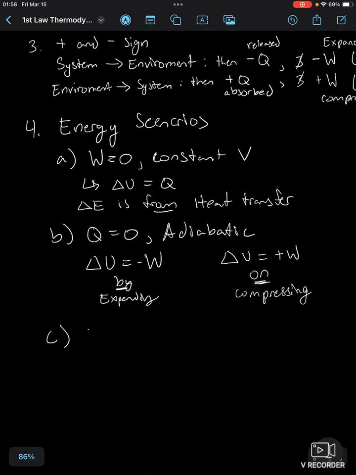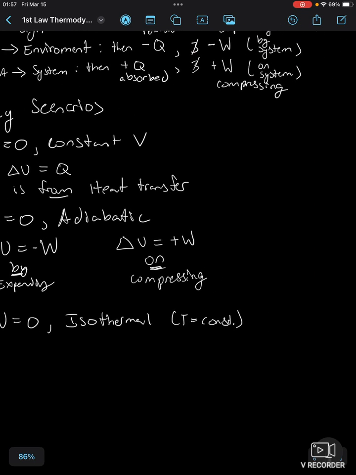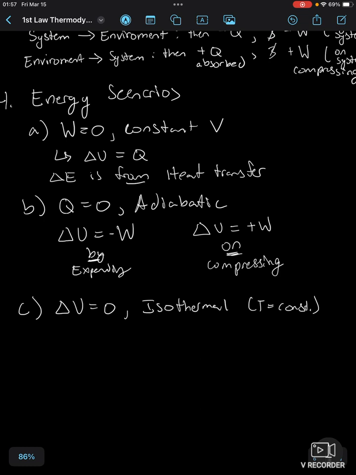And now let's look at what happens if the change in internal energy is equal to 0. Now this would be an isothermal system, which means that T is constant. But this is only for an ideal gas, so I'm going to put an asterisk here: ideal gas.